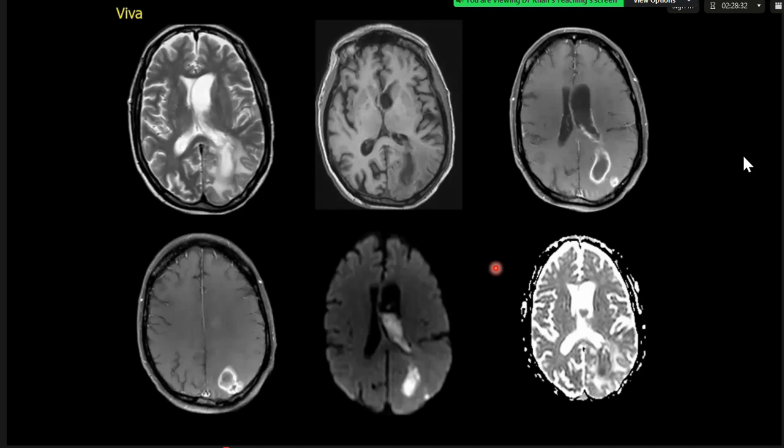On diffusion, with the ADC map, there is a restriction of diffusion involving the posterior cerebellar region on the left side, and this confirms that it could be an abscess or it could be a metastatic lesion. So I will further correlate clinically and with the history.